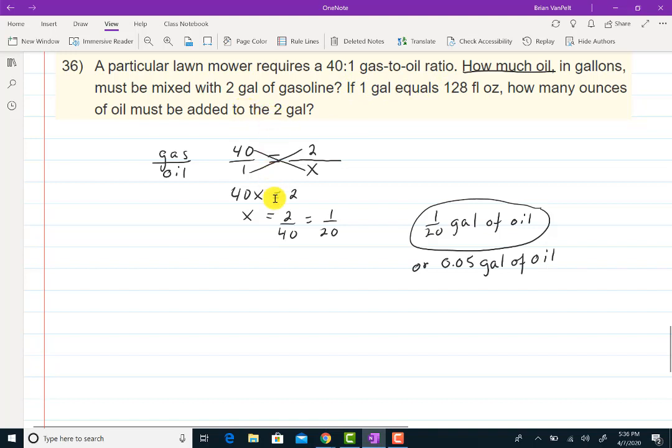So what I need to do is to change from gallons to ounces. And for this, we know that 1 gallon is equal to 128 ounces. And so 1/20th of a gallon is equal to an unknown number of ounces.